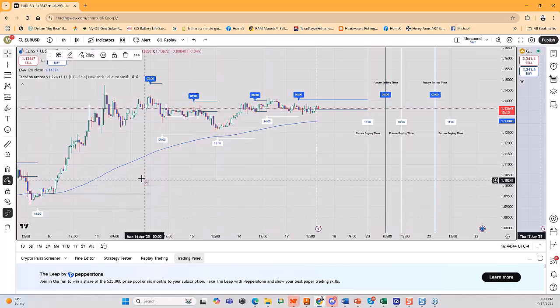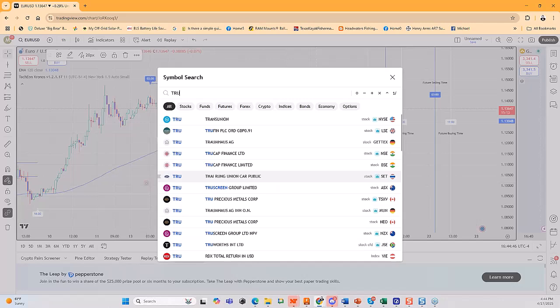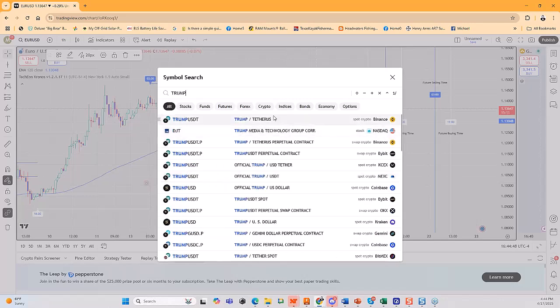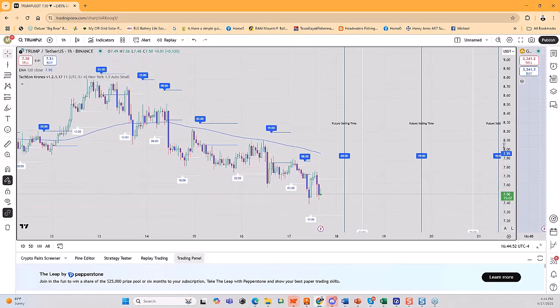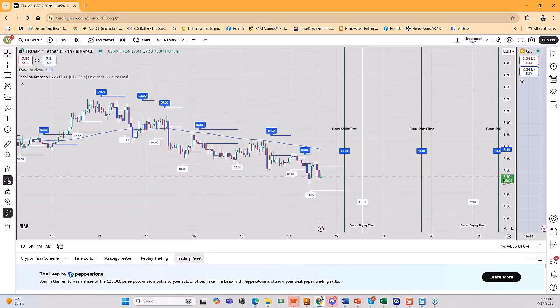One of the ones I love to peek in on is the Trump coin. I want to see how many more middle Americans have been destroyed. Yeah, so the Trump team sold it at 3 p.m. They sold it at 3 a.m. They sold it at 9 a.m. Elon sold what's left of his shares at 10 o'clock the night before and 1 a.m. the morning before that.